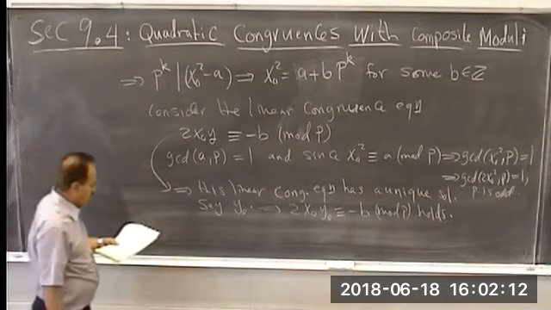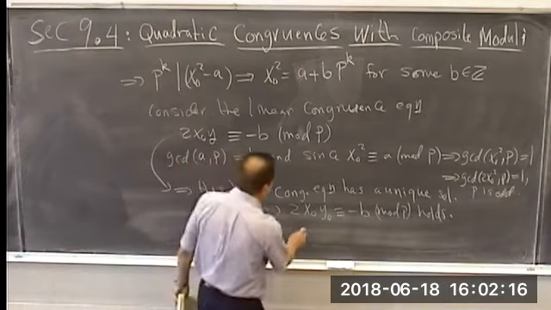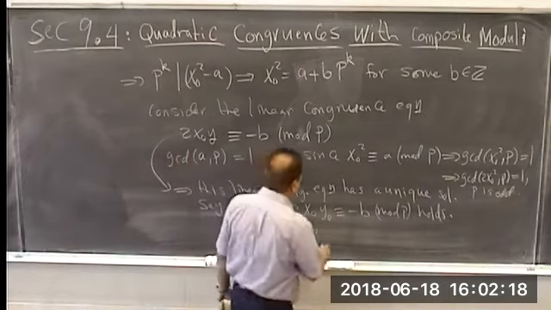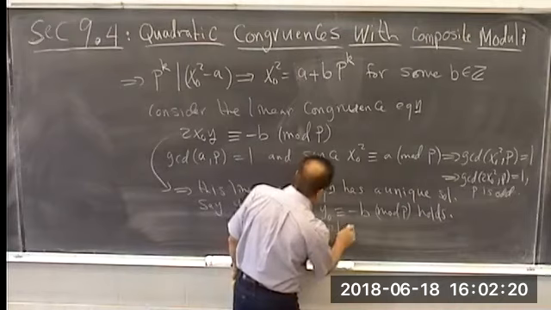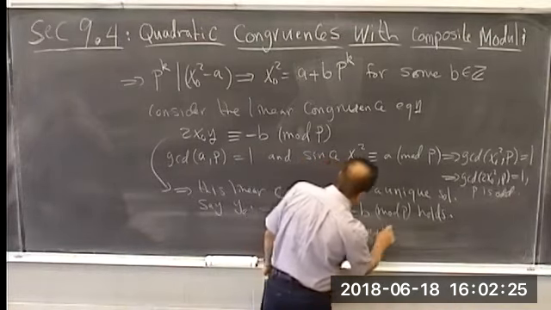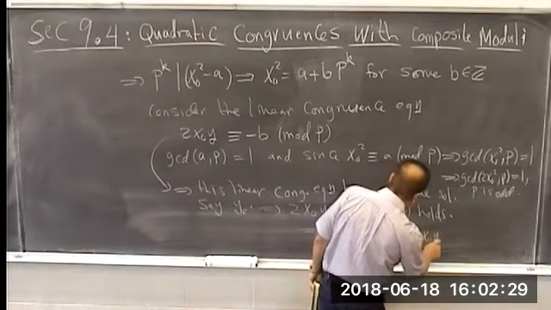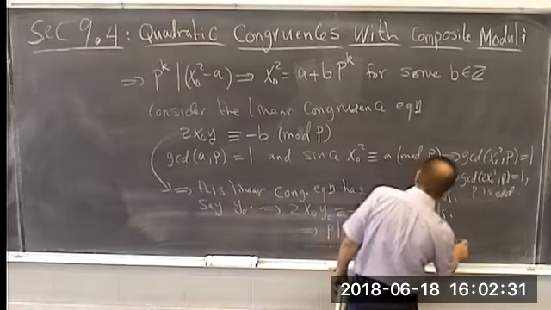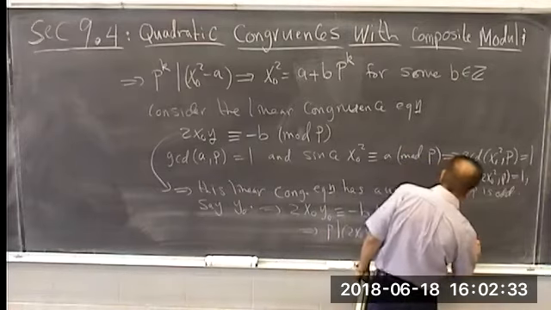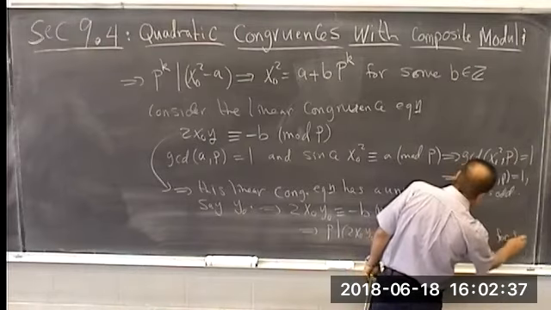Well, from this we can get that p divides 2x sub 0, y sub 0 plus b. And this makes 2x sub 0, y sub 0 plus b equal to pr for some integer r.